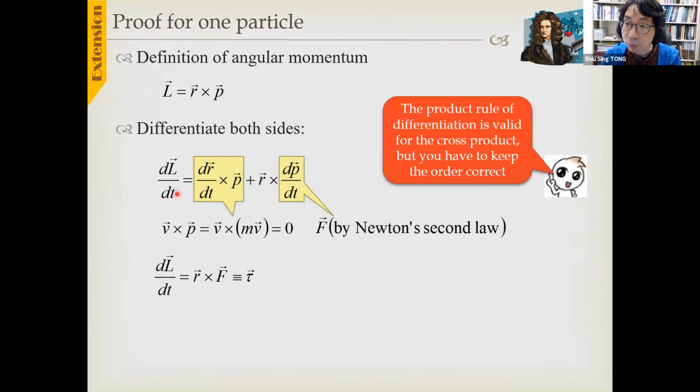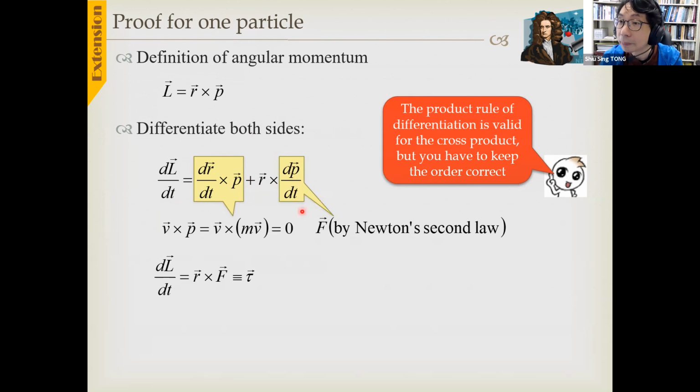So we want to find the rate of change of angular momentum. So we differentiate this. Now we differentiate this just like the product rule of a usual differentiation. Because r and p, they are a product, right? So we differentiate like what we are doing with the product of two functions. We differentiate the r first, cross with p, plus we have r cross with the derivative of p.